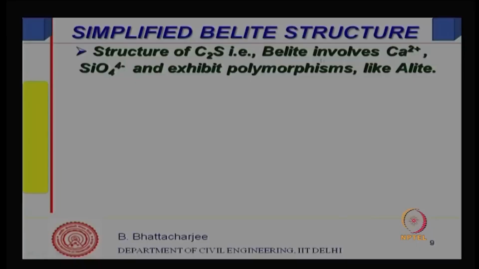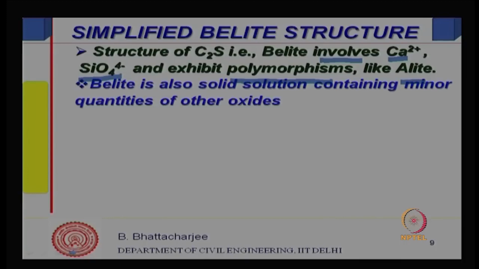The structure of C2S, belite, involves calcium ions and orthosilicate ions and exhibits polymorphism like alite, but obviously the structure is different. Belite is also a solid solution containing minor quantities of other oxides like sodium oxide, potassium oxide, alkalis and magnesium oxides.